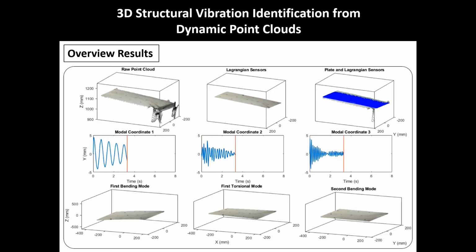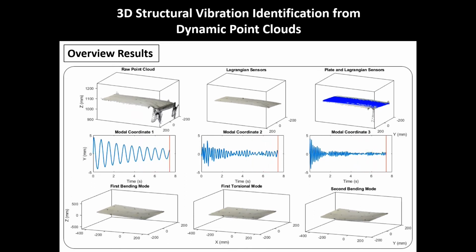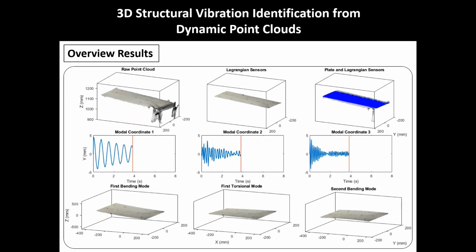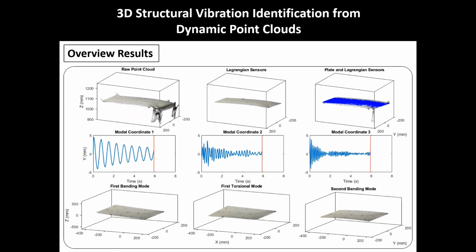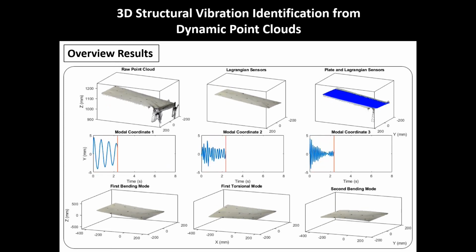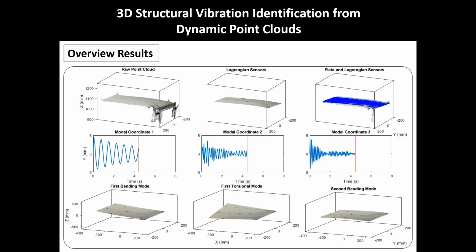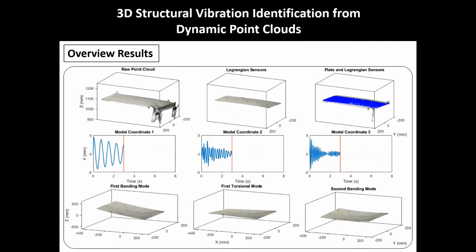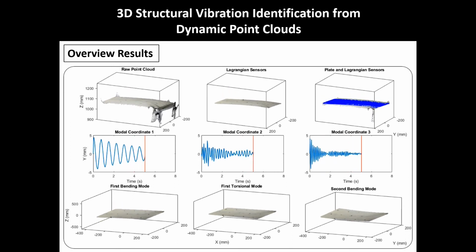To summarize, the proposed technique works by decomposing 3D vibration modes from dynamic point cloud data by initially computing local displacements using a polynomial model. Later, it performs dimensionality reduction using principal component analysis and mode estimation via blind source separation, from which modal coordinates and mode shapes can be directly derived.